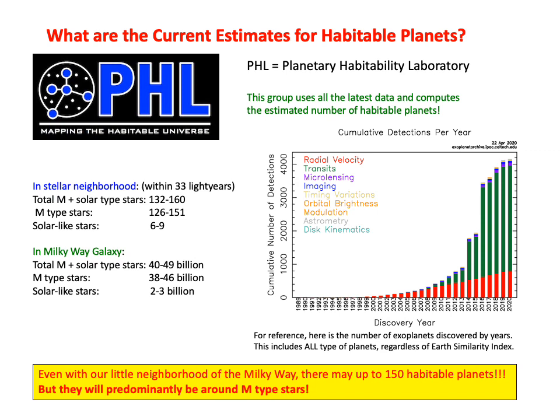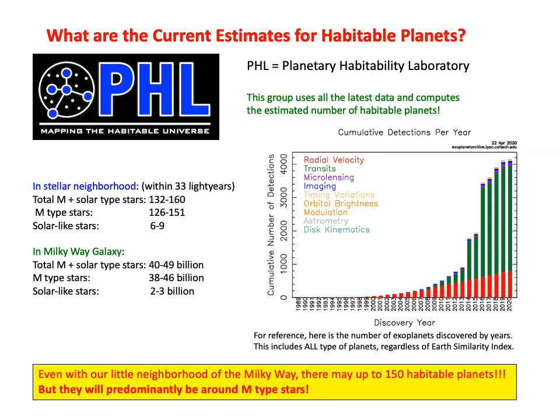Now, if you extrapolate those numbers to the Milky Way galaxy as a whole, you get somewhere around 40 to 50 billion M-type plus solar-type stars, of which 38 to 46 billion of those are M-type stars, and roughly 2 to 3 billion are solar-type stars. So that's a huge difference.